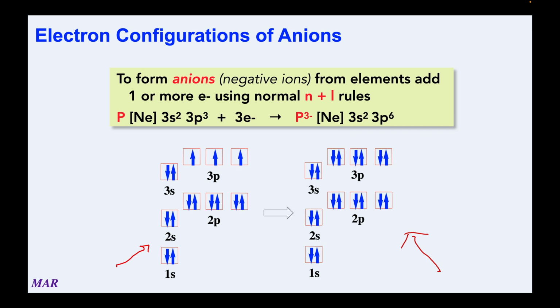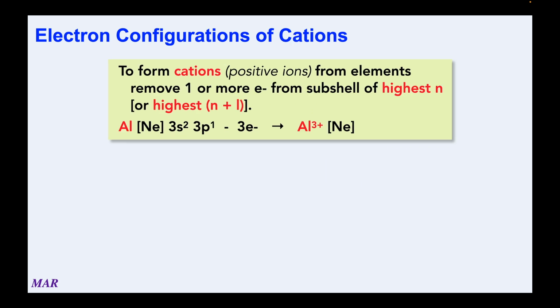Phosphide has 3 more electrons than phosphorus, and you can see what happens here. They just filled in those 3 paramagnetic boxes and made them all diamagnetic. So phosphide has an argon core, 3s2, 3p6. To make an anion, you just fill in the lowest unoccupied spots to figure out what the electron configuration is. No problem.